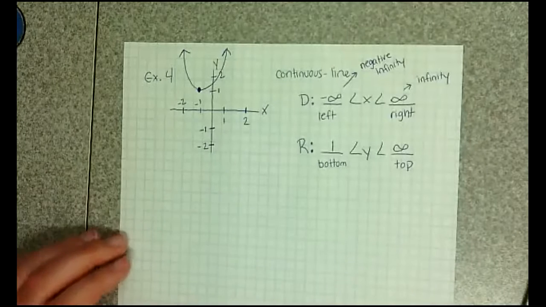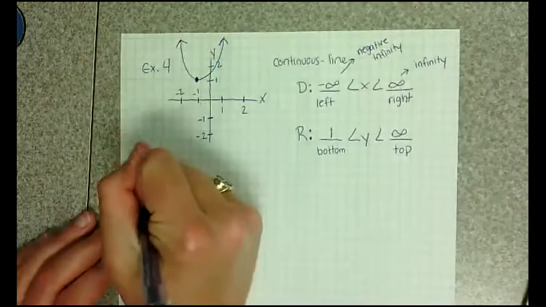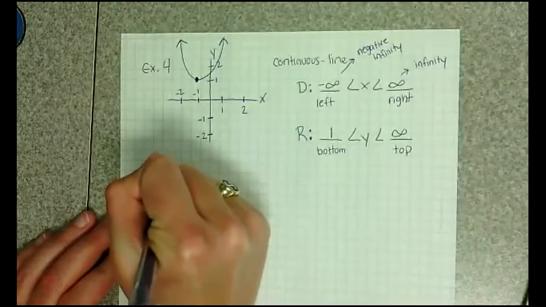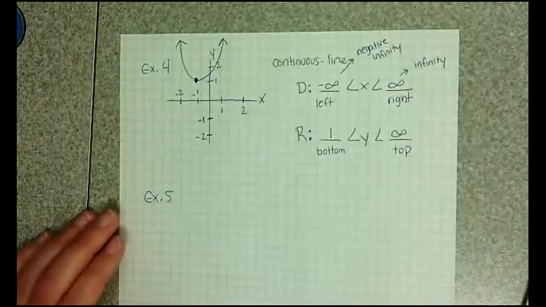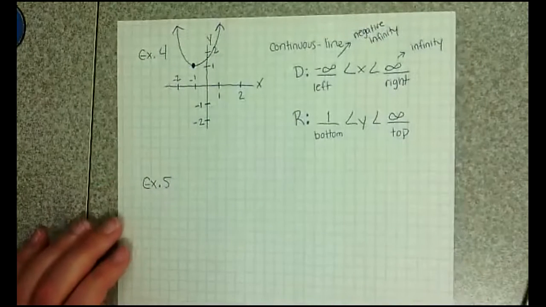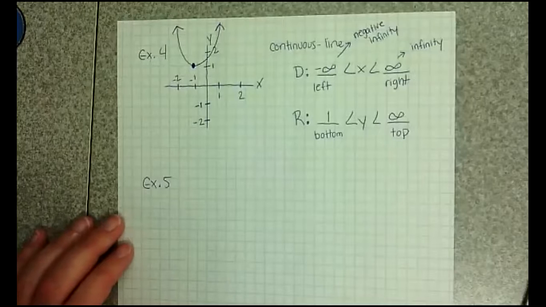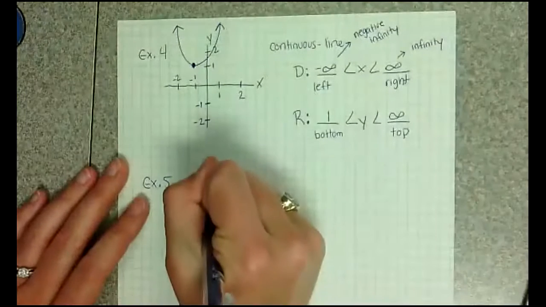All right, so I want you guys to try one. We're gonna see how this goes. And then we've got one more vocab word that we need to talk about, but I want you guys to try one. So let's do this. So here's my graph.